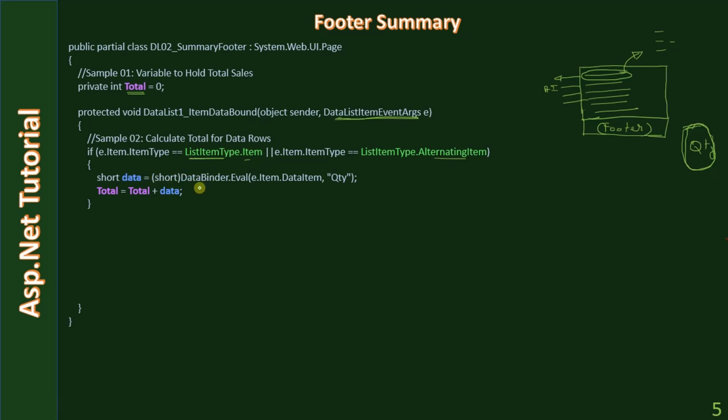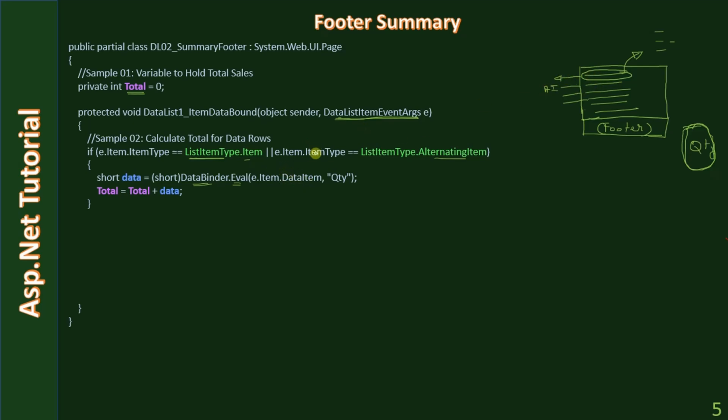So DataBinder.Eval, here we are calling the Eval function from DataBinder. That means we are making a call to the static function and we are passing e.Item.DataItem.